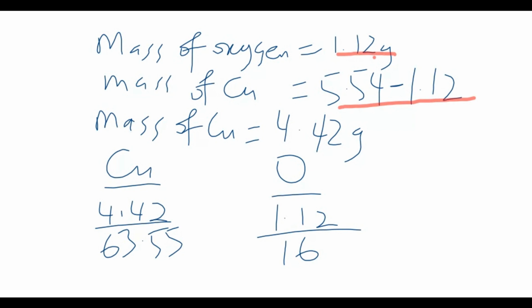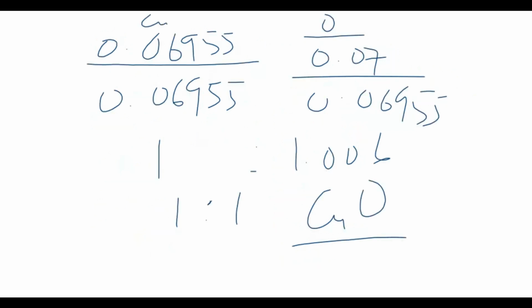So we have 4.42 grams for copper divided by 63.55, which is the molar mass of copper. And respectively, we do the same for oxygen. That will give us the number of moles of each of the elements. When you do that, you get 0.06955 for copper and 0.07 for oxygen.